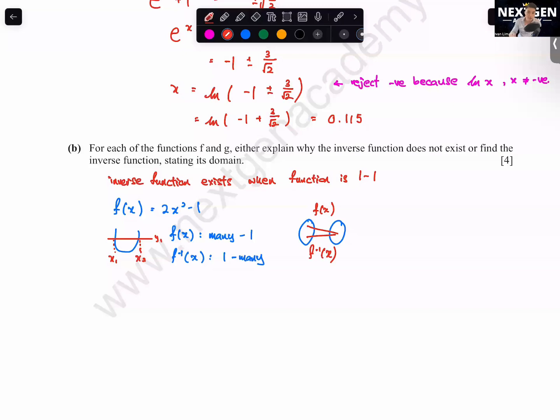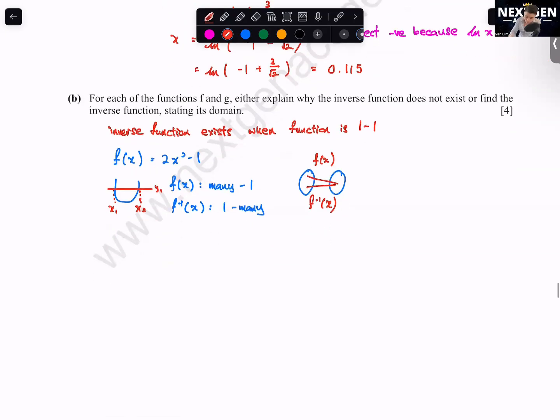Understand? So because this quadratic graph is not 1 to 1, it is a many to 1, the inverse of it is 1 to many. A 1 to many type of relationship is not a function.